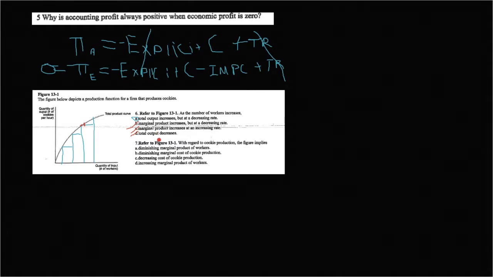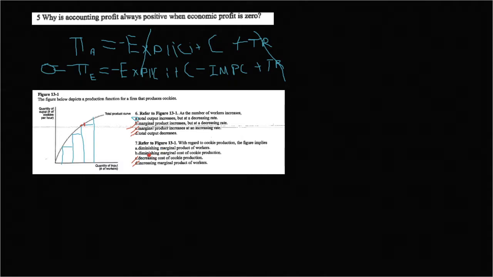Alright, with regard to cookie production, we already know that there is diminishing marginal product, so that's not right. Decreasing costs of cookie production, no. Let's see. It's between A and B, right?